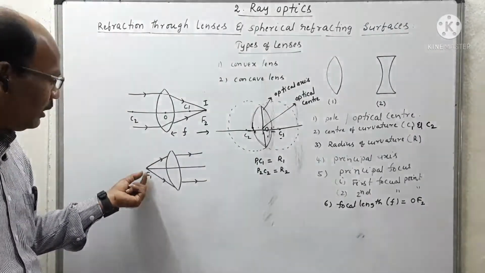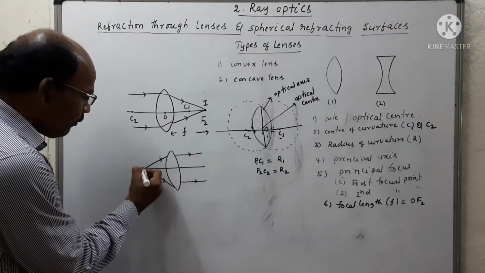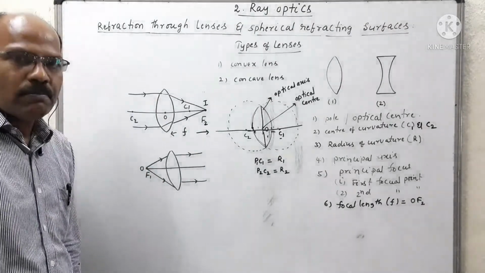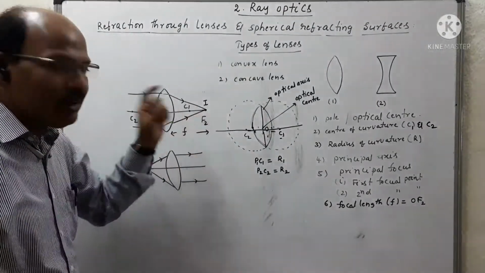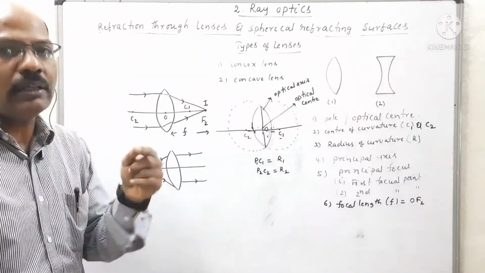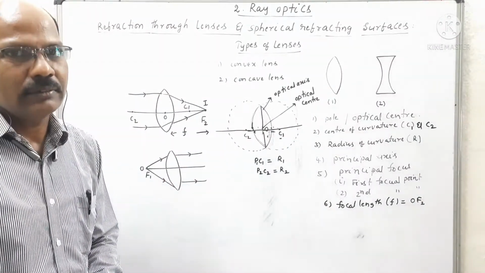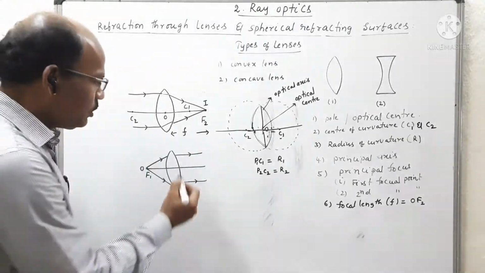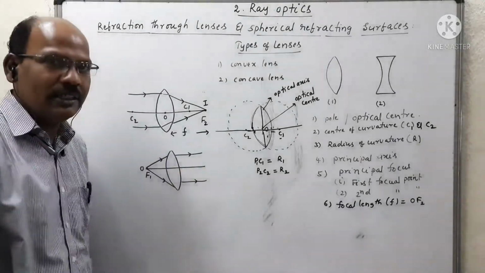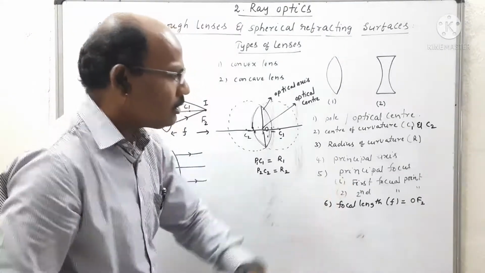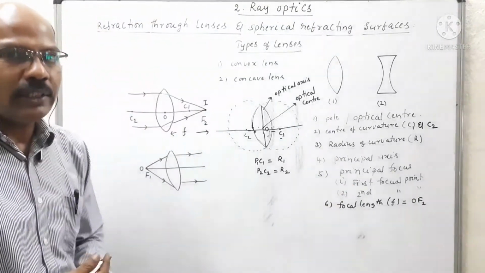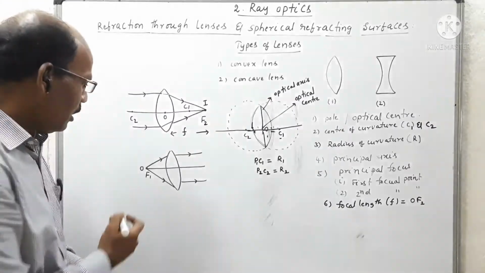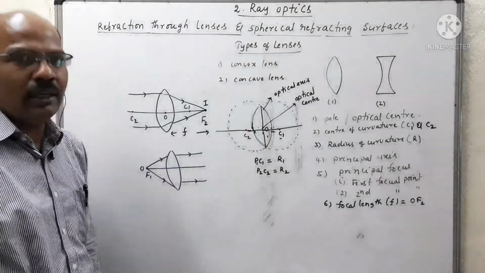How can we define it? This is the position of the object, and this is the position of the image. The object point on the principal axis, after which refraction takes place and produces a parallel beam of light, is called the first focal point or first principal focus, which is represented by the letter F1.